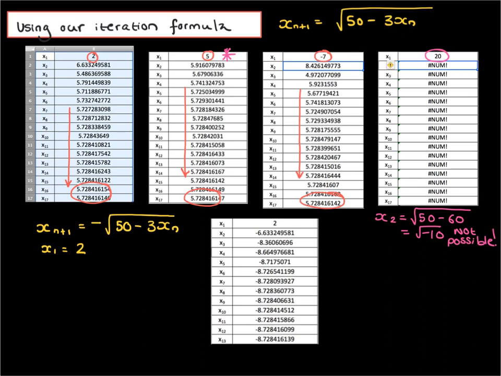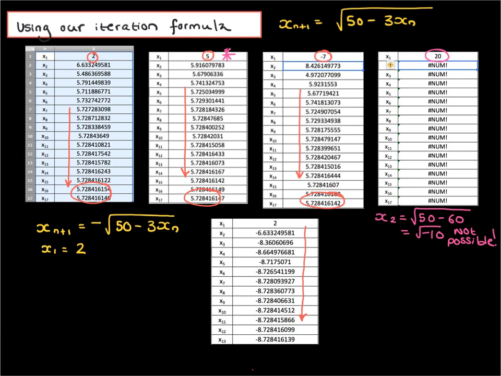Well, here we go. You can see what's happened with the Excel spreadsheet when I've done this. We start with x1 equals 2. We make use of this new tweaked iteration formula, and you will see that the terms converge to the other root of -8.72.